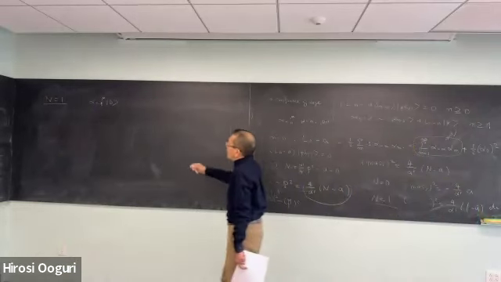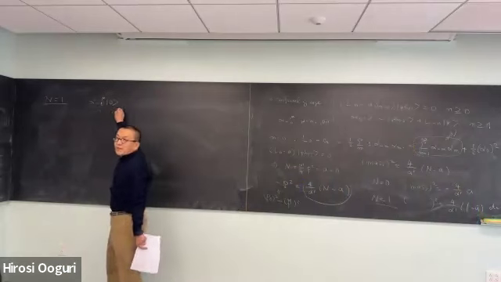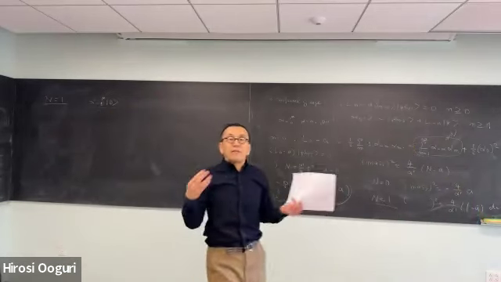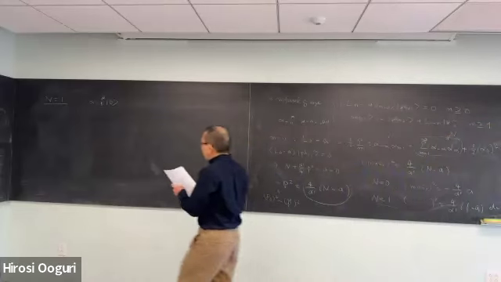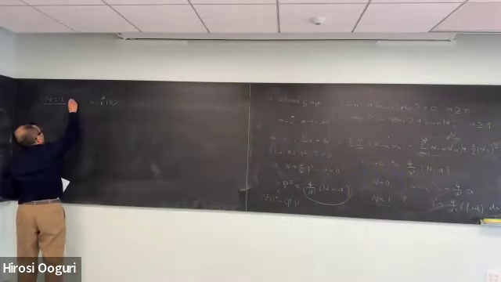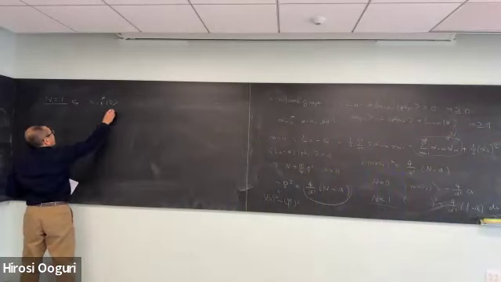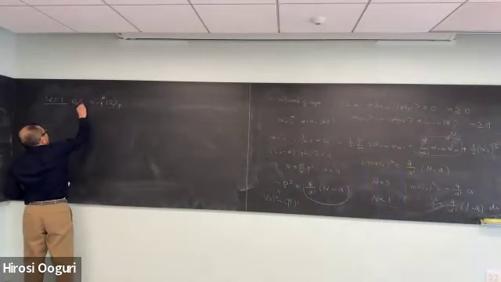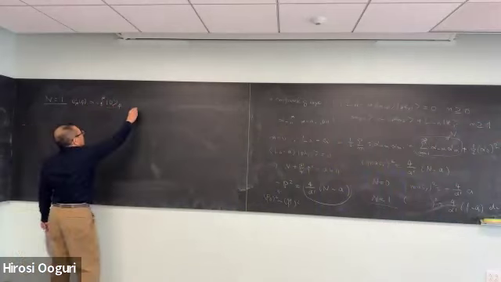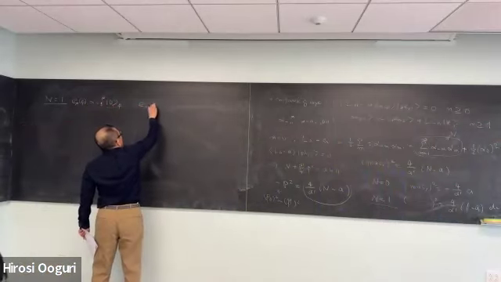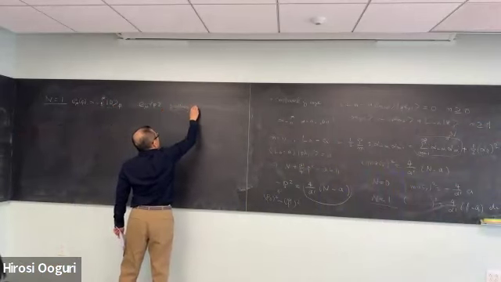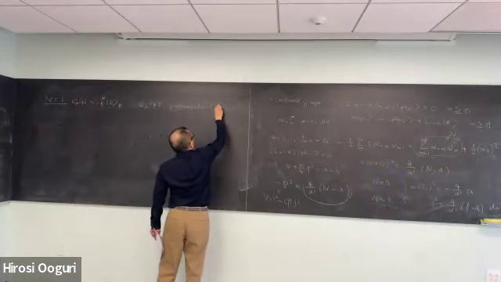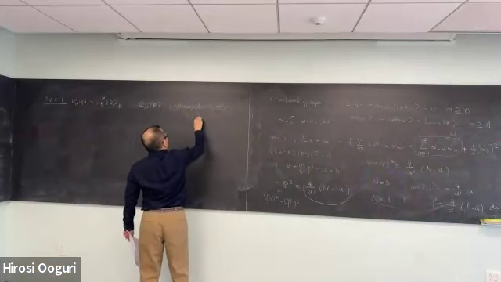Okay, so therefore the n equal 1 state is a linear combination of these. It's a vector. The first excited state of this string is a vector. So we can introduce some polarization vector, which depends on momentum. So e mu of p is a polarization of the n equal 1 excitation.